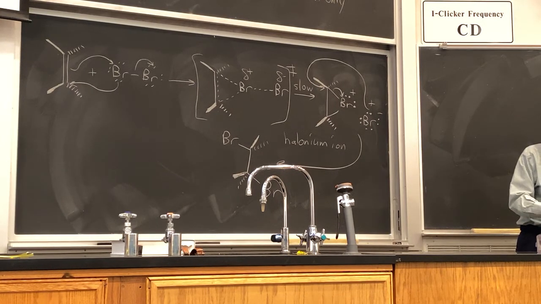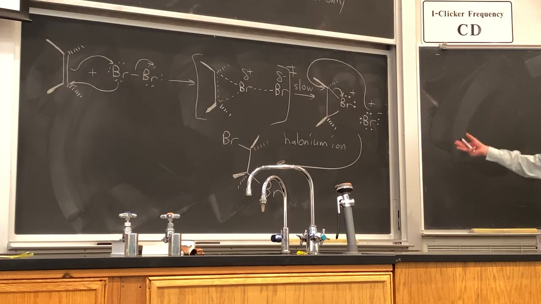That's exactly right. So a positively charged bromine can still have the octet, and in this case, it does. We have 8 electrons around this positively charged bromine. A carbocation cannot have the octet; a carbocation only has 6 electrons.